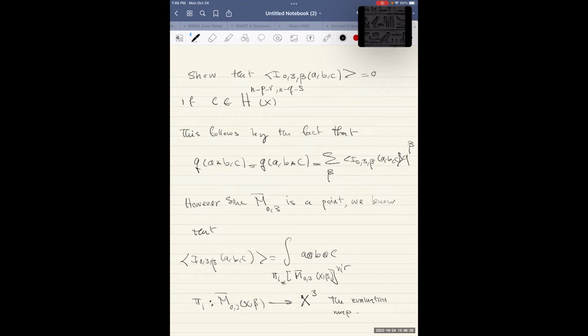Okay. Now, on the other hand, we need to see what is this algebraic cycle that we are evaluating on X. Since M bar 0,3 of X and beta is an algebraic cycle of expected dimension, this is by construction.